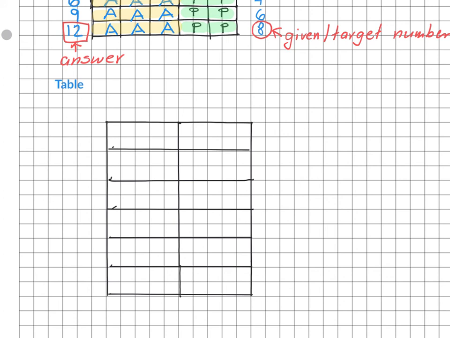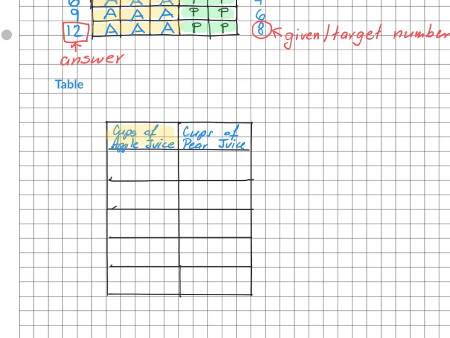In the first column, I have cups of apple juice. And in the second one, I have cups of pear juice, because that is what I'm comparing.